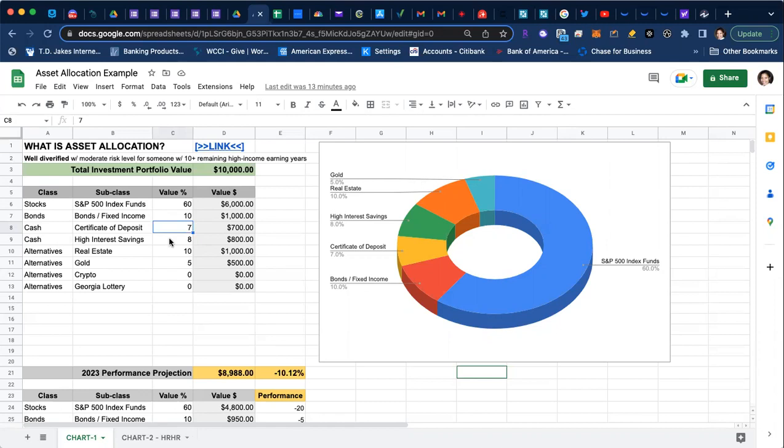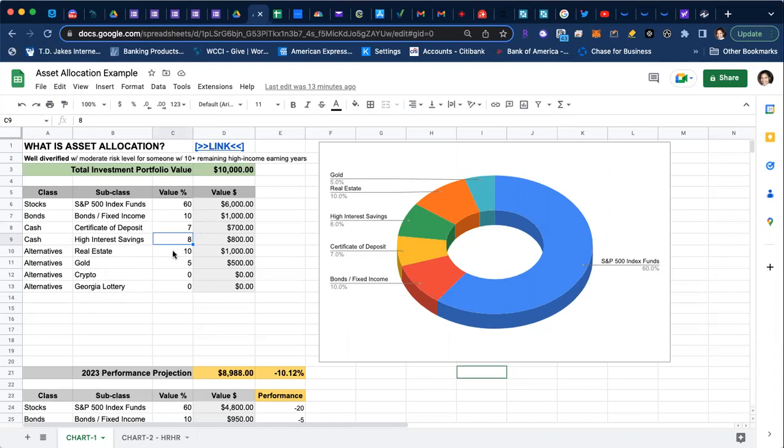In this case, two types: certificates of deposit as well as high interest savings, for a total of 15% cash. And then in the alternative category, I give several examples of alternatives. It could be real estate, it could be gold, crypto, or even the Georgia lottery. All of these would be alternative type investments.